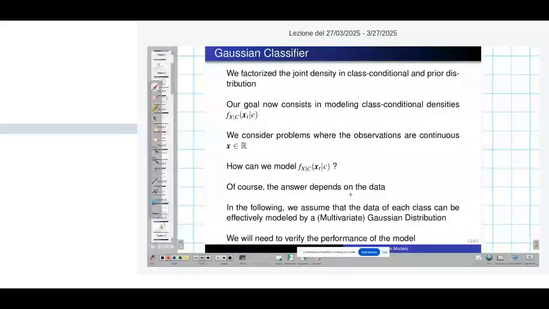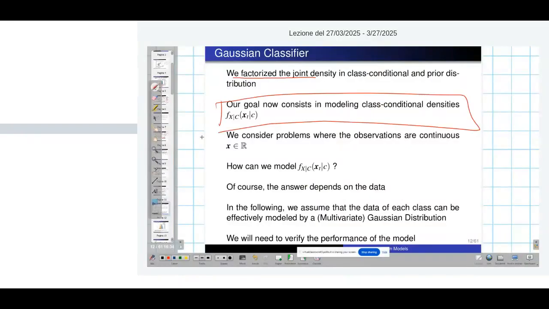Now, our goal now is building the class conditional density model. The class conditional density model describes what is the distribution of the features inside each class. We have a continuous problem because we are focusing on the height estimation problem, so our feature vectors are continuous.